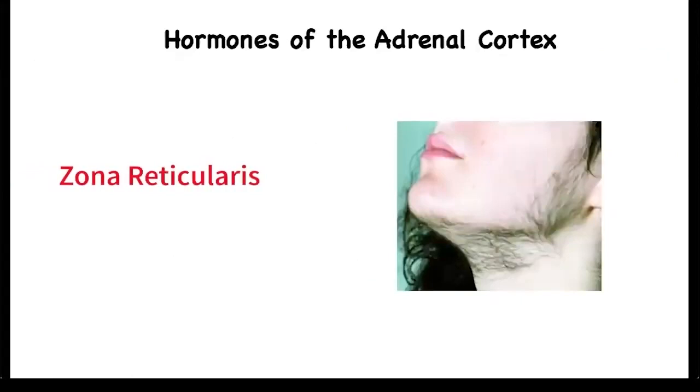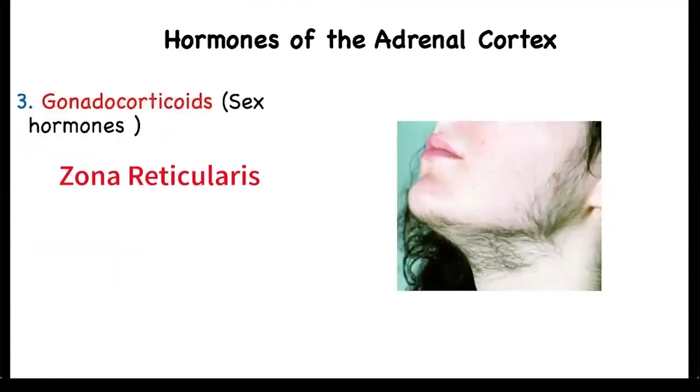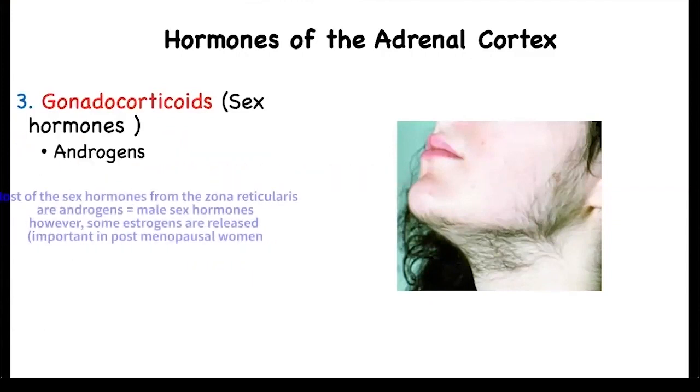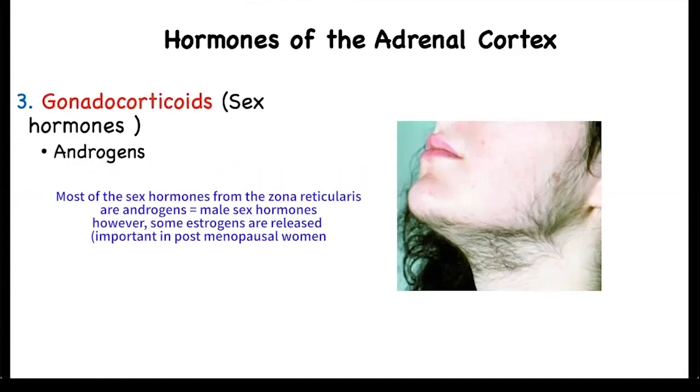The deepest zona or layer of the adrenal cortex is called the zona reticularis. It releases a class of hormones called gonadocorticoids. These are sex hormones. In females, these androgens may be responsible for pubic and axillary hair, as well as sex drive, which is known as libido.